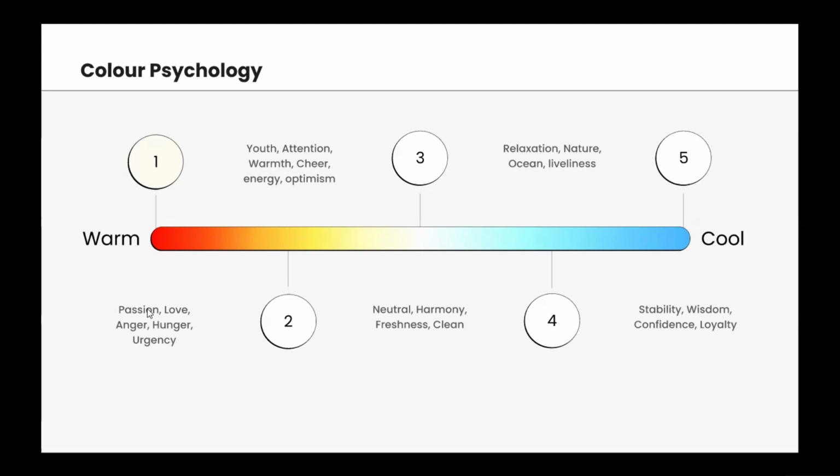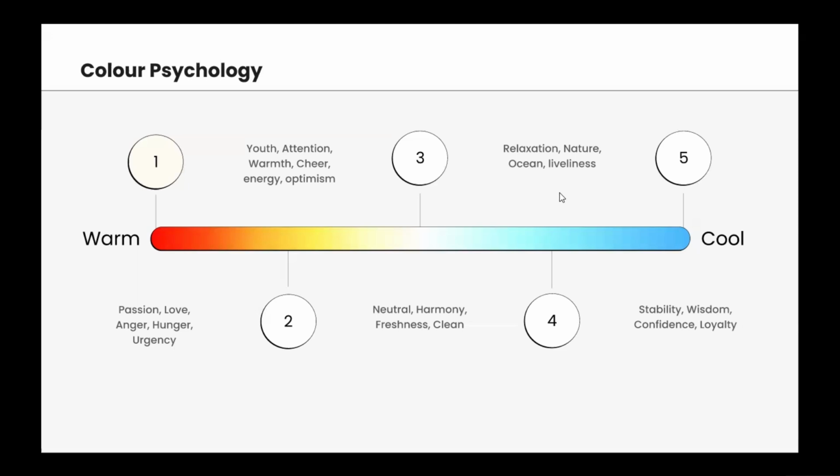Then we have neutral colors that can be white or green. I didn't represent green here, but green can also be a neutral color. It could mean freshness, cleanliness, harmony. It's further related to nature. Then we have the relaxation colors, when the color is cool, but not so cool.